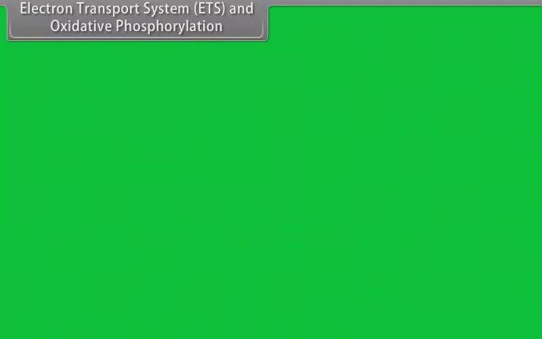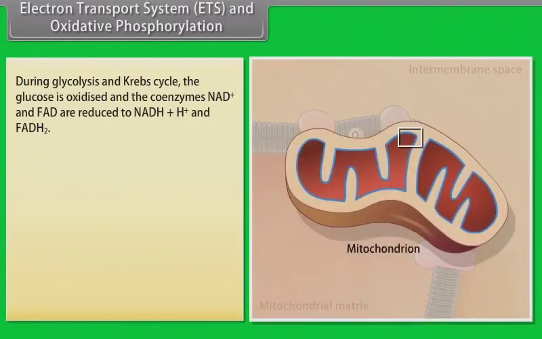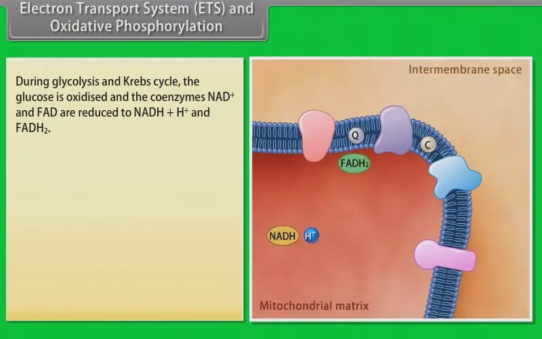Electron transport system, ETS, and oxidative phosphorylation. During glycolysis and Krebs cycle, the glucose is oxidized and the coenzymes NAD+ and FAD are reduced to NADH plus H+ and FADH2.